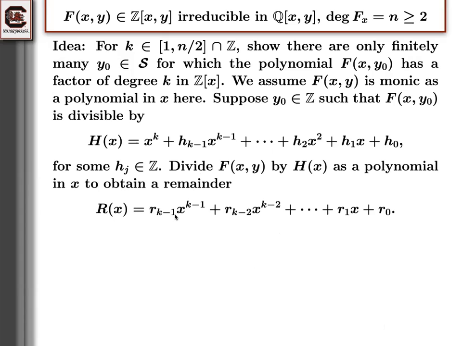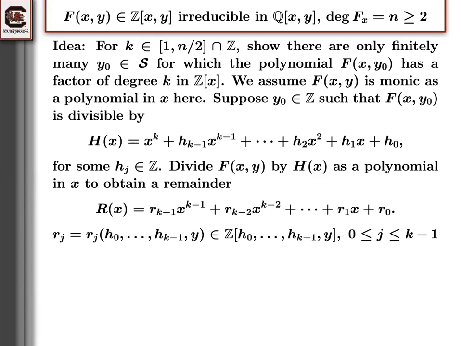After you divide, you get a remainder. We're dividing by a polynomial of degree k, so this remainder will have degree k-1. These coefficients will be in terms of the unknowns when you do the division. They will depend on the h_j's, as well as on y. So we get these polynomials in k+1 variables.